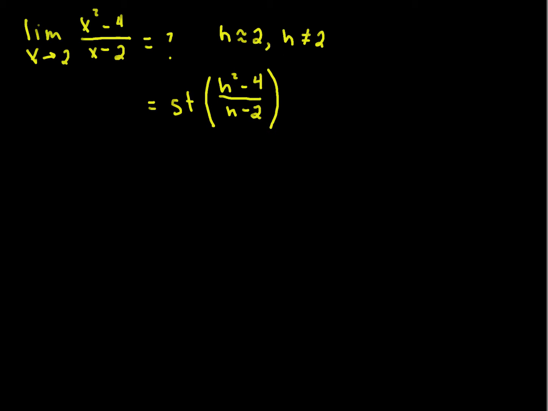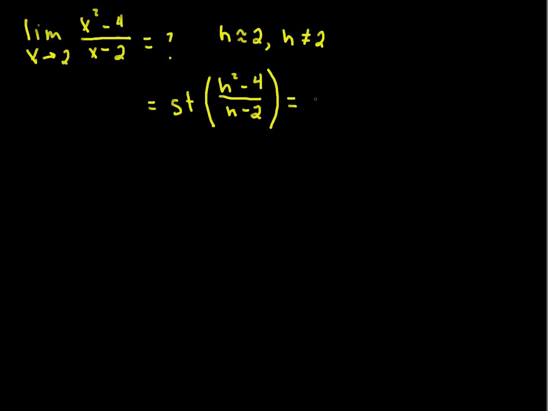Well, if we look at this, the standard part of h is 2, the bottom would be 0, so we can't use our quotient rule here. But notice also if h is infinitely close to 2, this is 4 minus 4 is 0. So we've got 0 over 0. So this is an indeterminate form, right? The top is an infinitesimal, infinitely close to 0. The bottom is an infinitesimal, infinitely close to 0. And so we need to do a little bit of algebra.